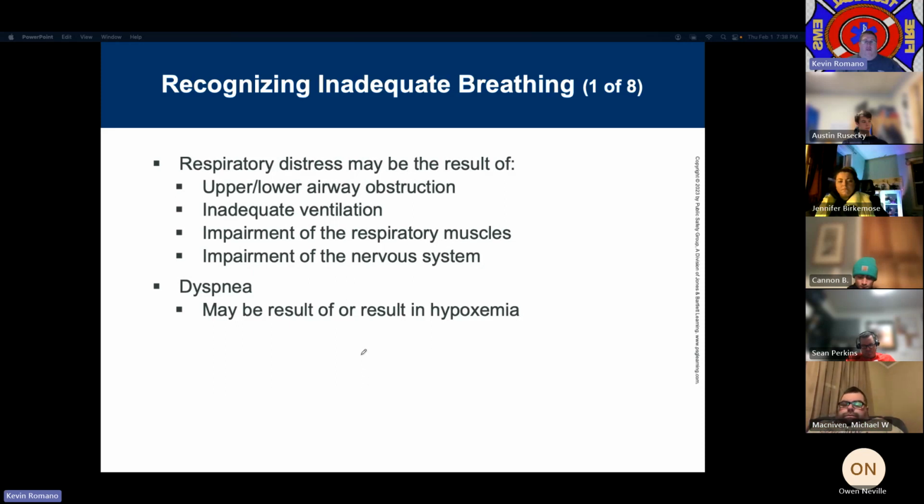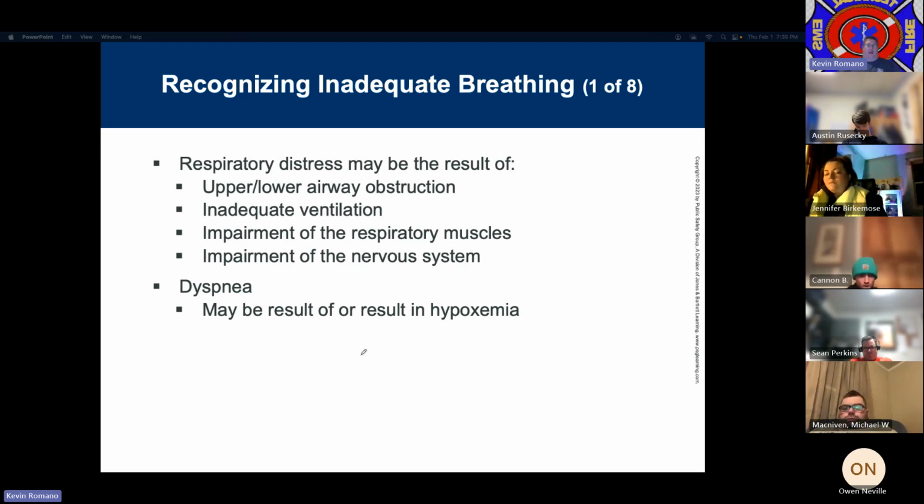Patients with respiratory distress often compensate with peripheral positioning. Respiratory distress may be the result of an upper or lower airway obstruction. Okay. Inadequate ventilation, impairment of the respiratory muscles, impairment of the nervous system.